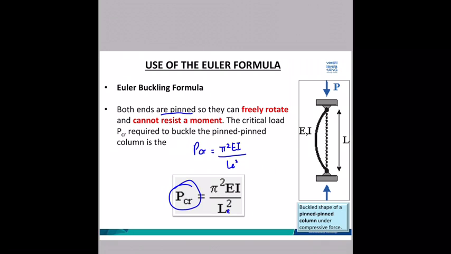L here is actually LE square. E is modulus of elasticity, I is moment of inertia, LE is effective length. Here, if you have x and y axis, if it is rectangular, then you have PCR xx and PCR yy. It depends on the equation.